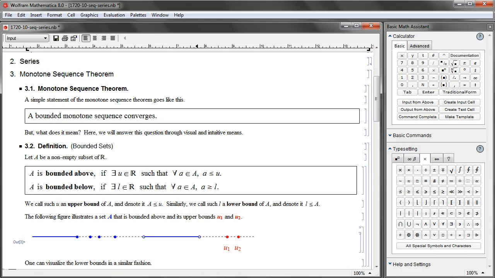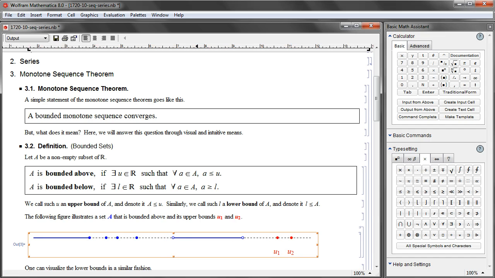The blue part represents the set A in this example here. As you can see, the set A consists of a couple of intervals. We have an unbounded interval on the left-hand side and some isolated points, and then we have an open interval.